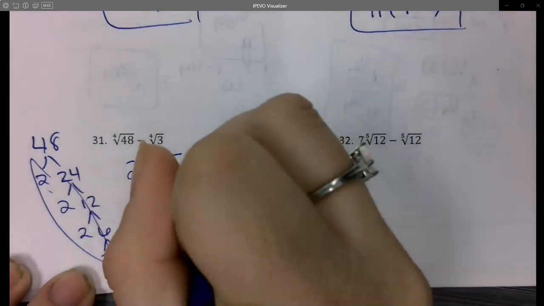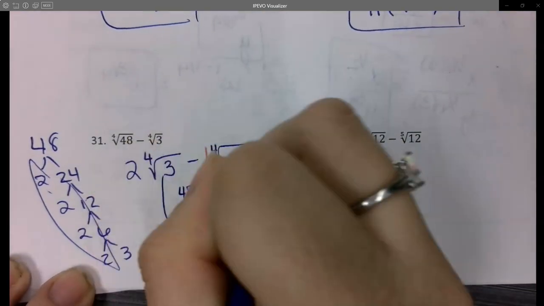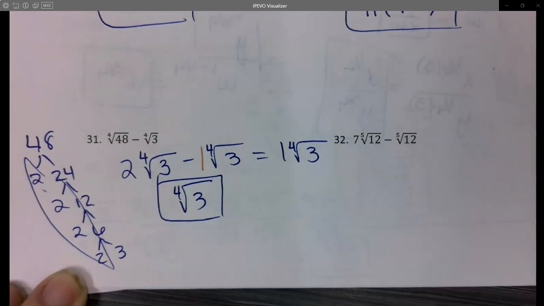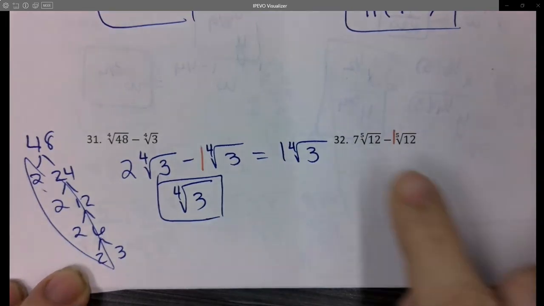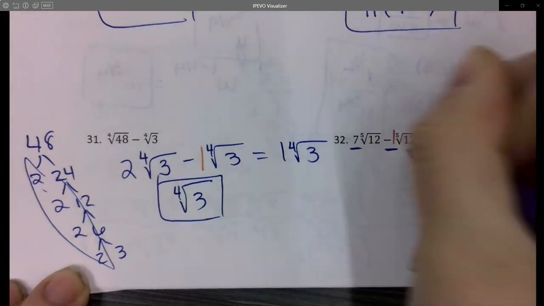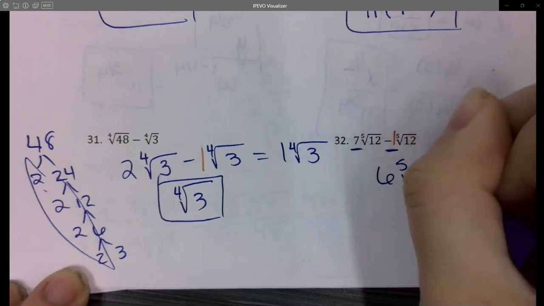I don't have to write the 1. It could just be 4th root of 3. Number 32, it has a secret 1 out front, so I have 7 minus 1 gives me 6 5th root of 12.